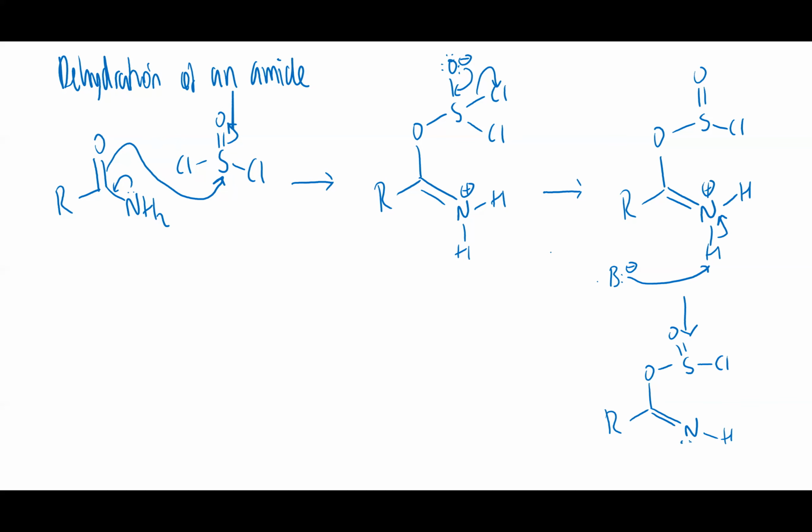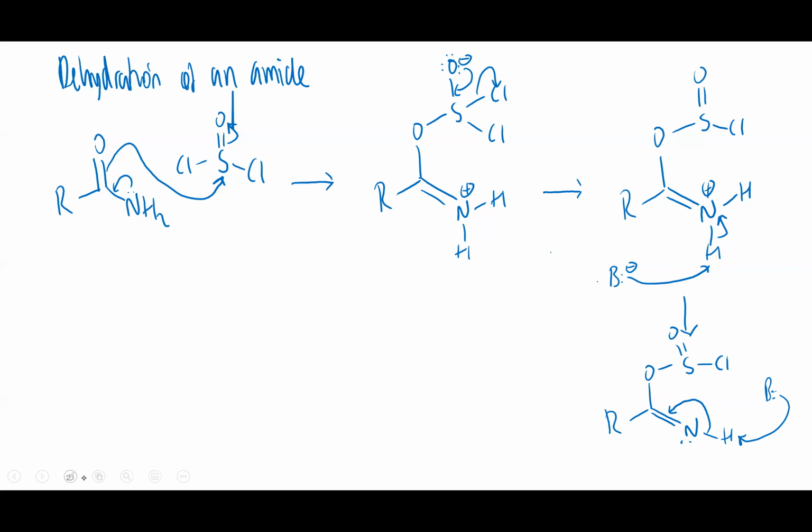And the last step here, instead of a nucleophilic attack followed by loss of a leaving group, we're using it as a leaving group to help an elimination reaction. And so we get a proton transfer. So that base can remove this proton so we can form this carbon-nitrogen triple bond.